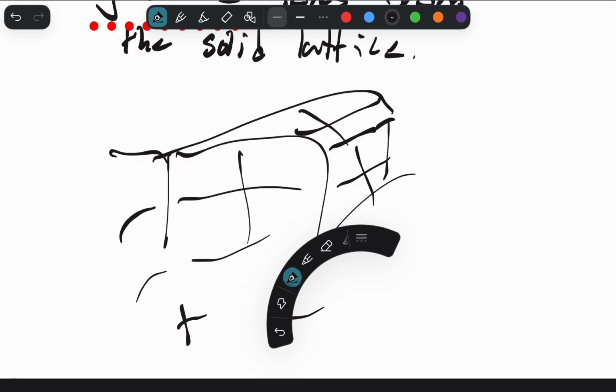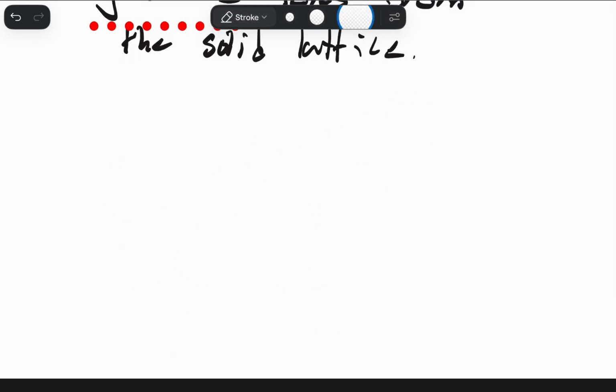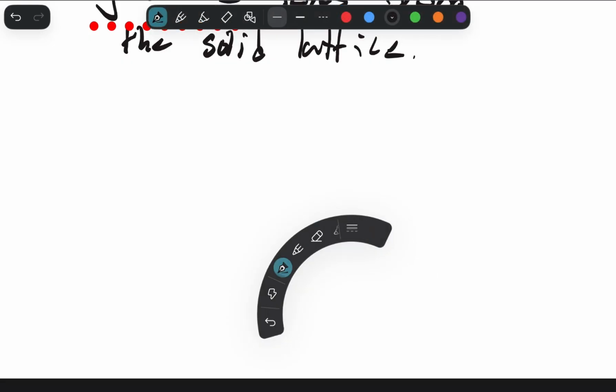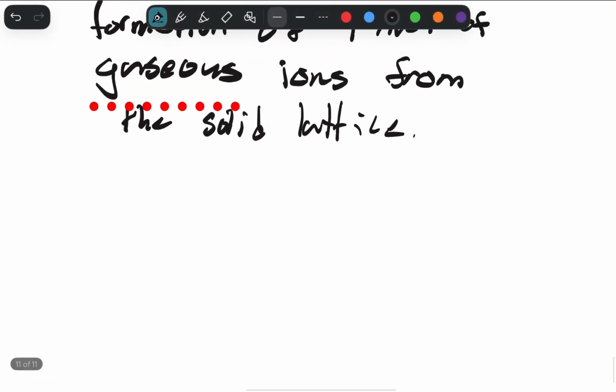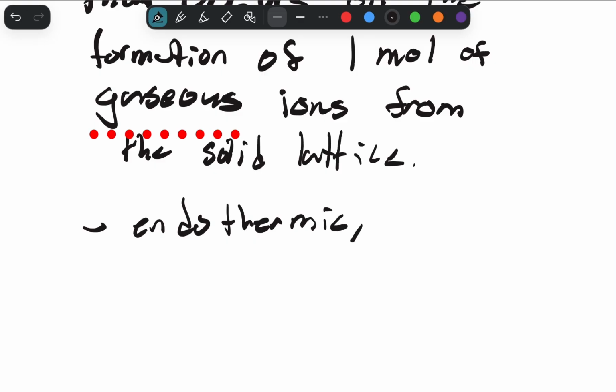And that's really the lattice dissociation enthalpy. Dissociation, breaking down, is your lattice structure. And it is always endothermic. Meaning that your delta H, your enthalpy change, is always greater than 0.